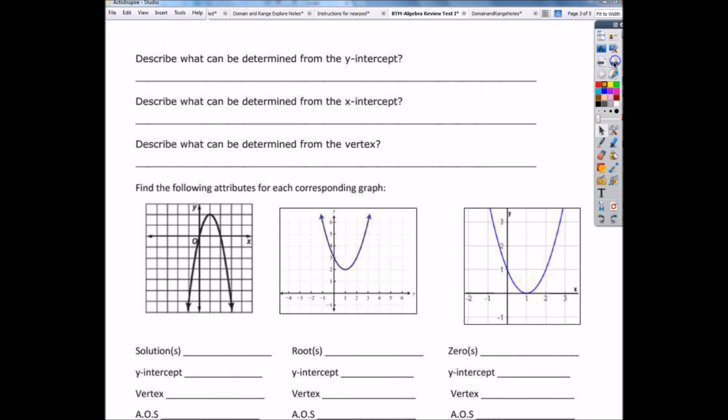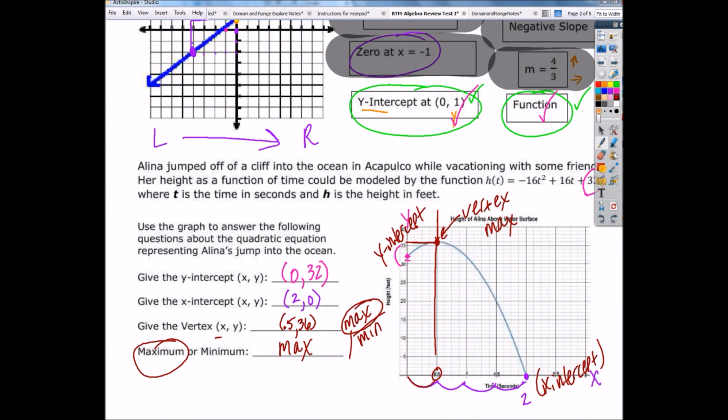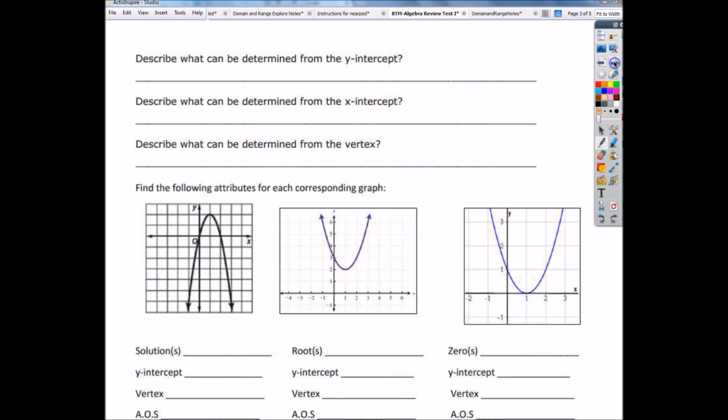All right, moving on. Now it says in this problem that we just did, describe what can be determined by the y-intercept. So if we go back here, we're going to go down. The y-intercept was 0, 32, and it looks like we're talking about feet and seconds, right? So I'm just going to write that down, 0, 32. What can be determined by the y-intercept?